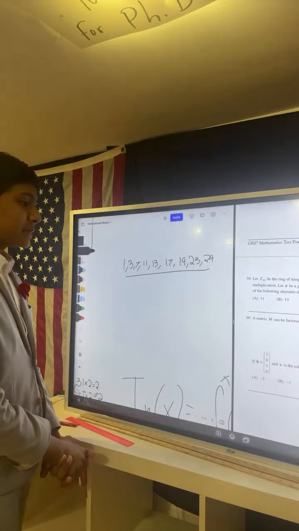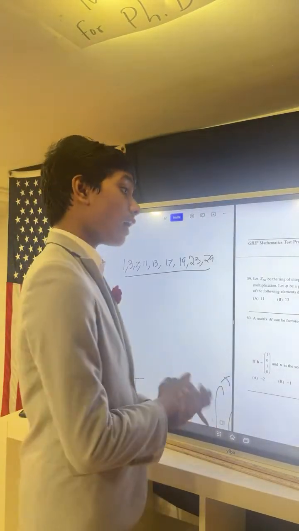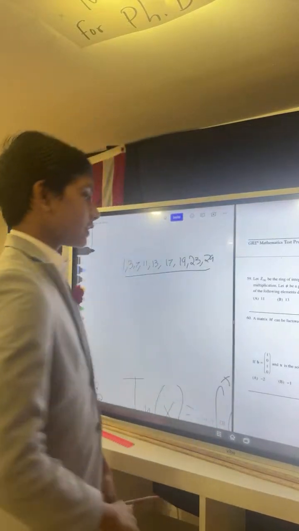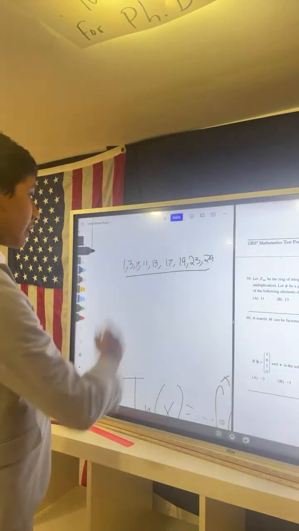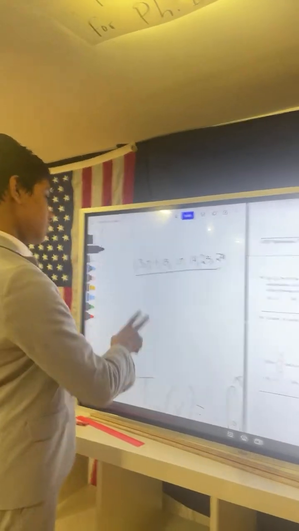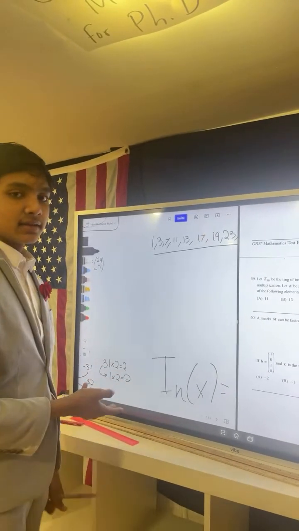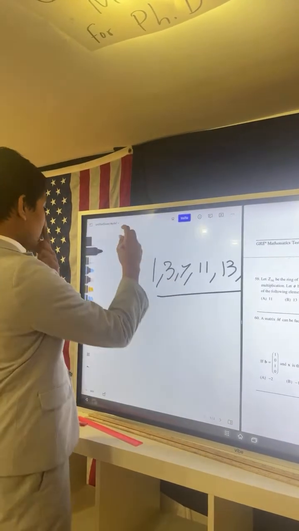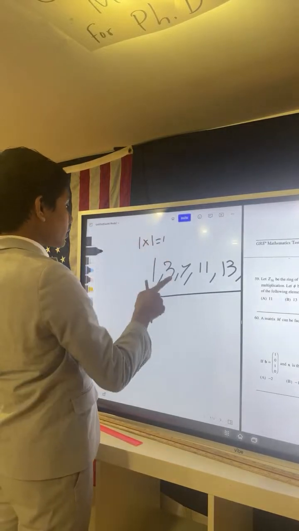These are the elements that are invertible, which means there is an element that you can multiply them by that gives you 1 in the set. Like, for example, 1 multiplied by 1 is, of course, 1.